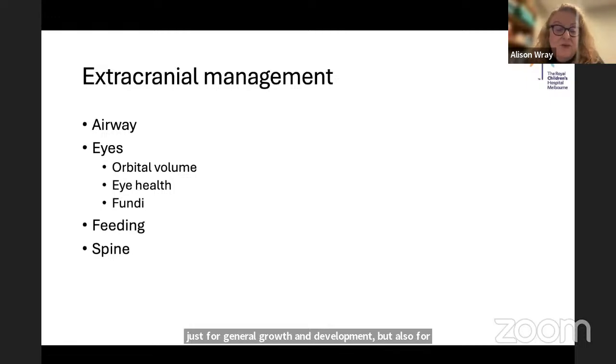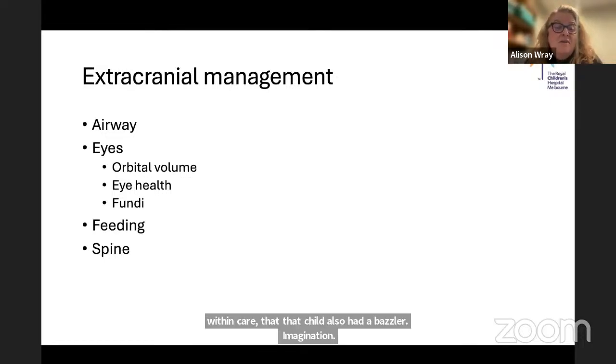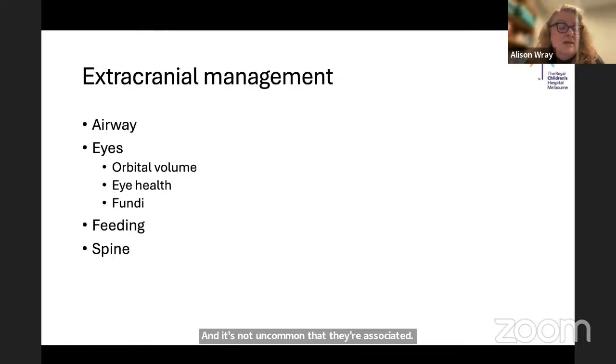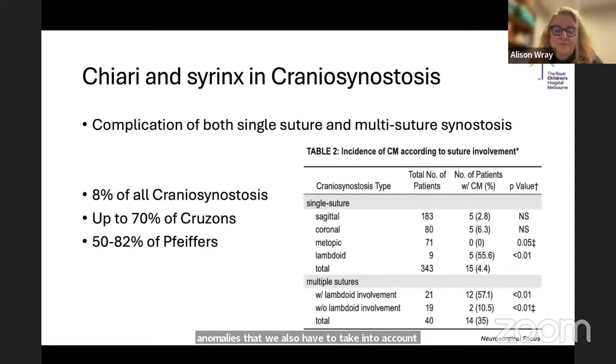And also in a number of the cases, there can be spinal anomalies that are associated. You would have seen in Ron's presentation the child with encephalocele, that child also had a basilar invagination. And it's not uncommon that there are associated craniocervical junction anomalies and cervical spine anomalies that we also have to take into account in terms of our timing of what we're doing surgically.